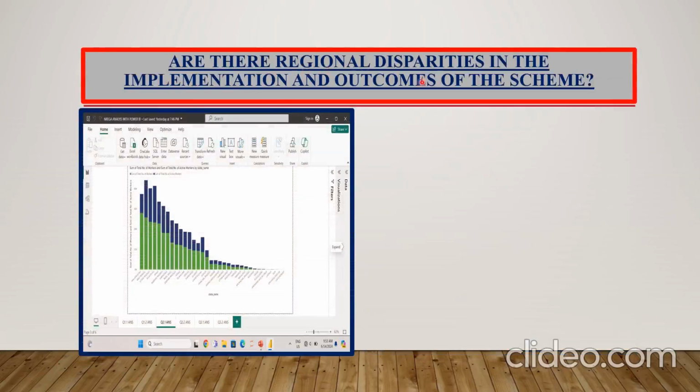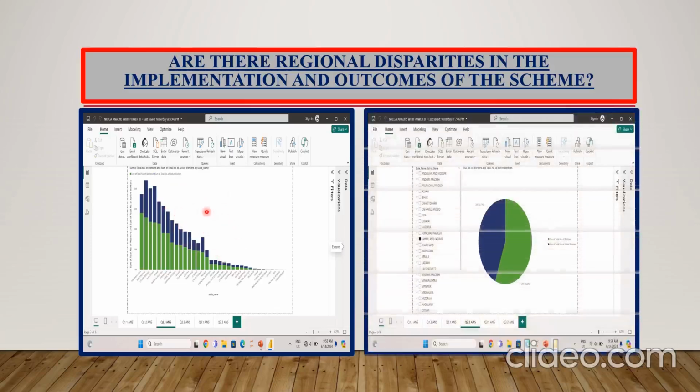Second is, are there regional disparities in the implementation and outcomes of the scheme? Here we taken the values of states on the y-axis and sum of total number of workers and sum of total number of active workers by state name.